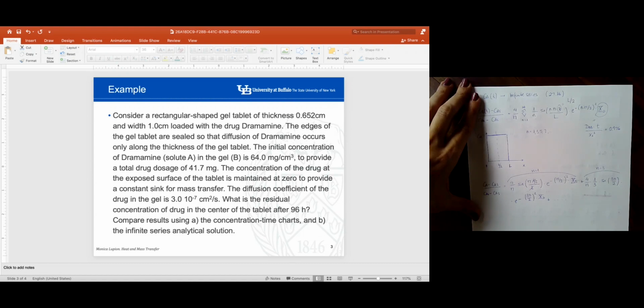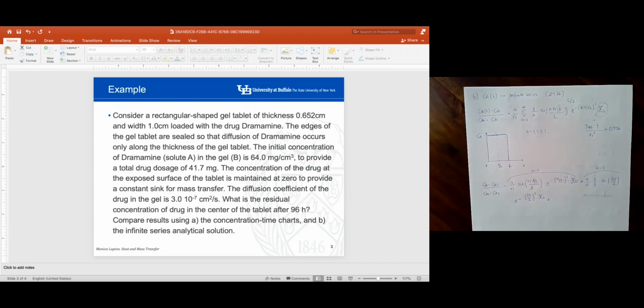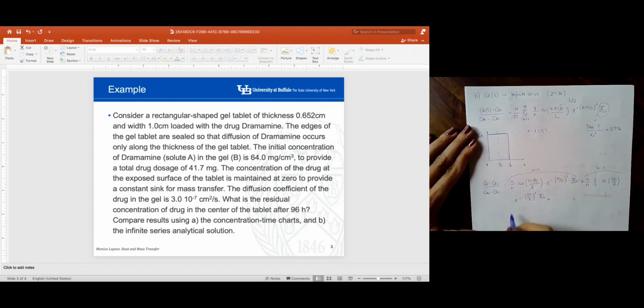But just one thing, when n gets larger and larger, the contribution will be less and less significant. So when you solve this, this is equal to 0.115, that will be the first term when n is equal to 1, plus the second term when n is equal to 3 is 1.66 times 10 to the minus 10.